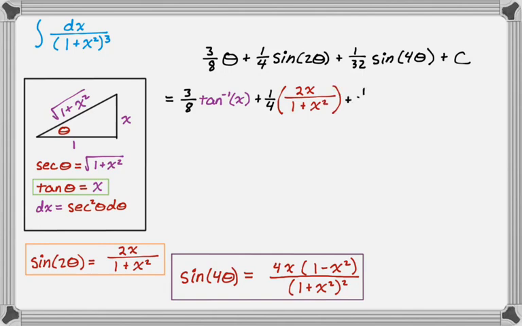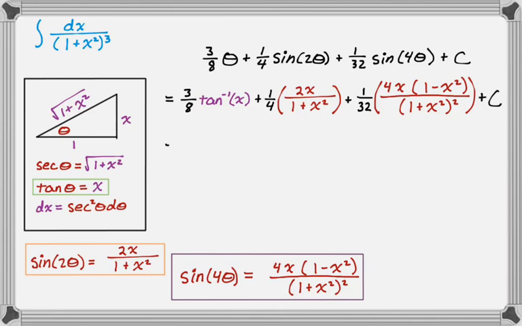And then plus 1/32. We found sine of 4 theta, so I'm going to substitute there. Get 4x, the quantity 1 minus x squared, over the quantity 1 plus x squared squared, and then a plus c. Okay, so now you're kind of done at that point, if you're willing to be done there. I'm going to keep simplifying.